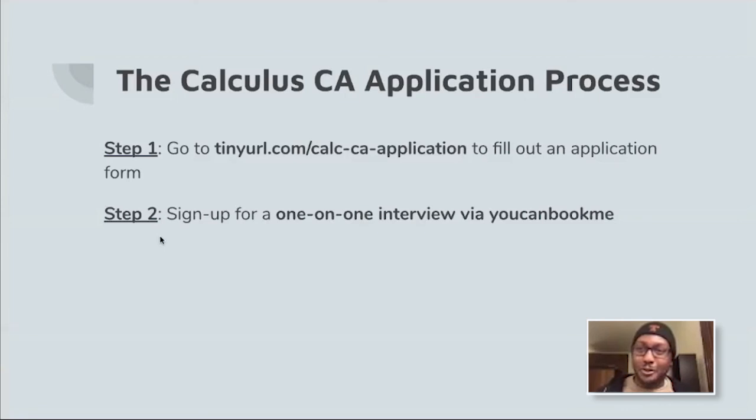So if you sign up for an interview, one of the 4 of us will interview you for about 15 to 20 minutes. And you can choose whatever time you want. There are lots of times available right now. So you have your pick of the litter over the next couple of weeks. If absolutely none of the times work for you, you can just reach out to one of the coordinators and we can try to make something work. But as of now, there's plenty of slots available.